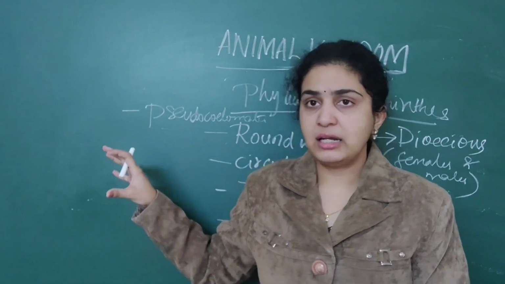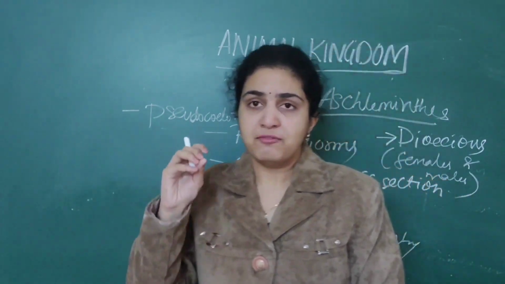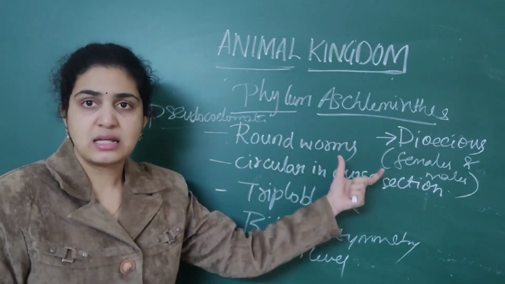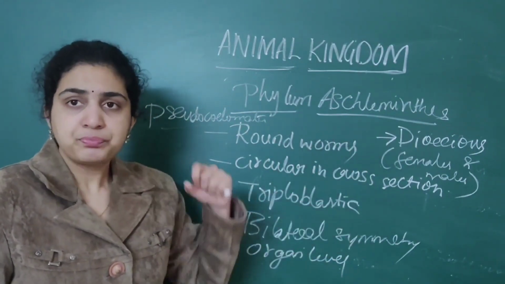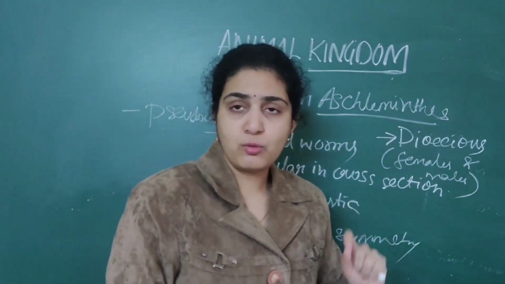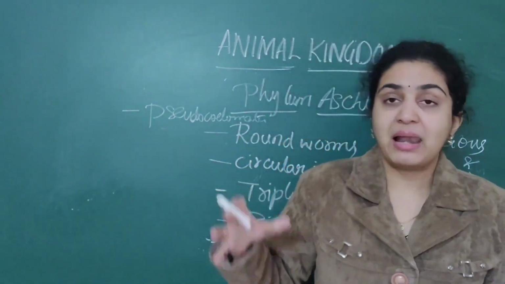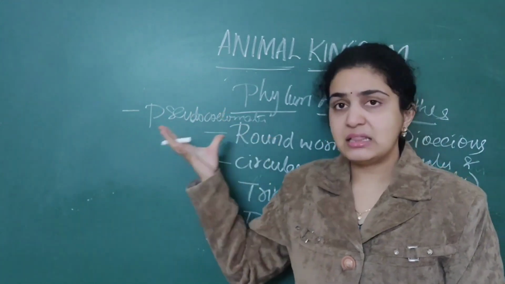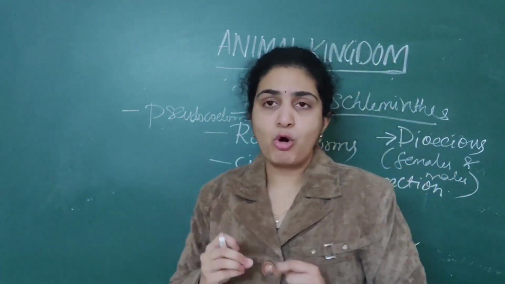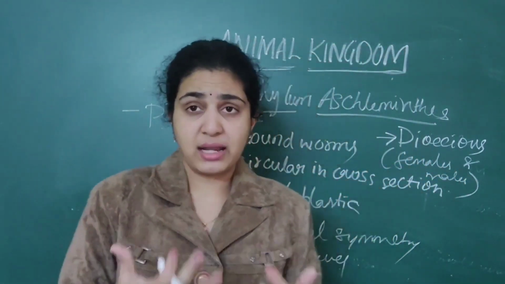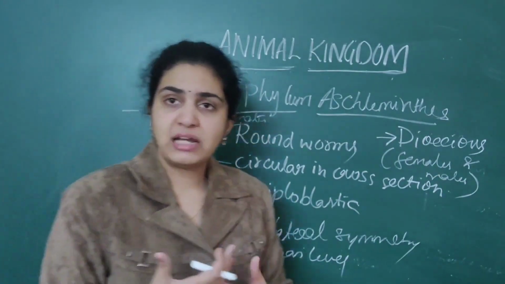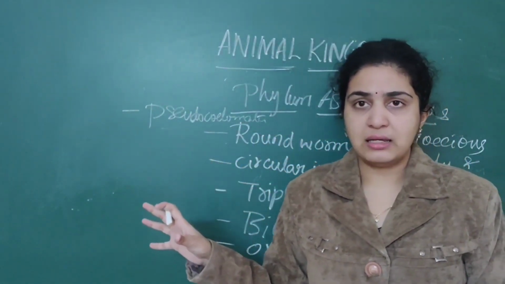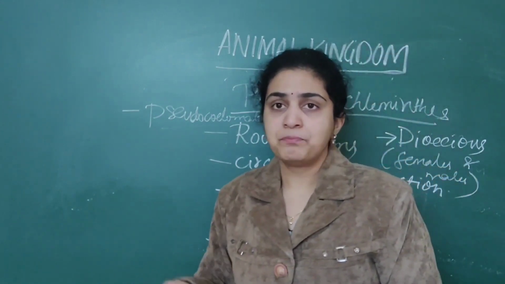One important NEET question asked here is which phylum exhibits a pseudocoelomate structure? That is nothing but Aschelminthes. The acoelomate condition is exhibited by Platyhelminthes. Platyhelminthes are acoelomates, Aschelminthes are pseudocoelomates. That is a very important NEET question, asked many times, so you should remember that point clearly.